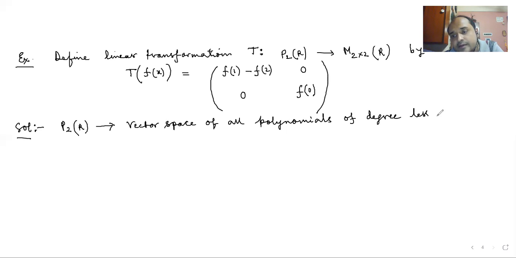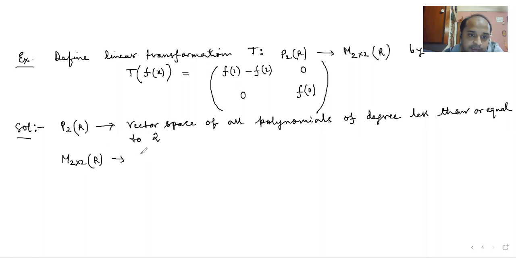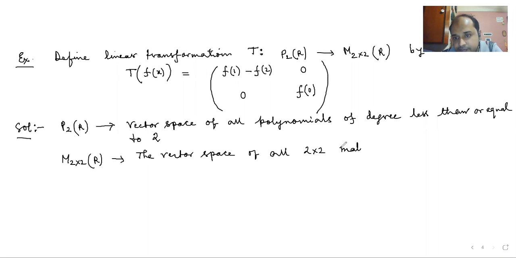less than or equal to 2. And M2x2(R) is the vector space of all 2 by 2 matrices.